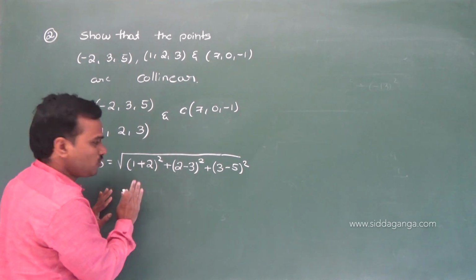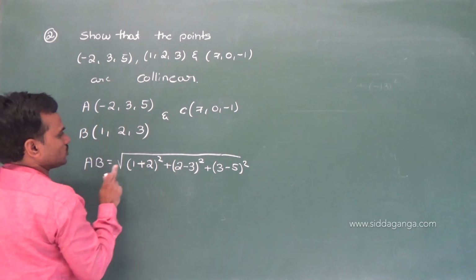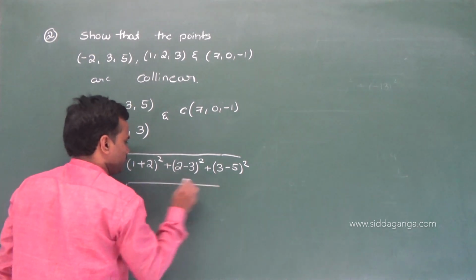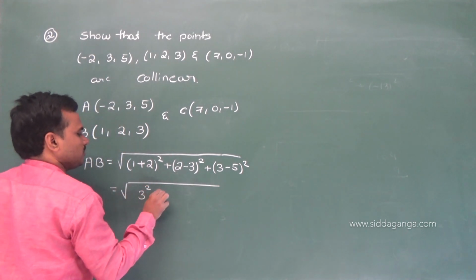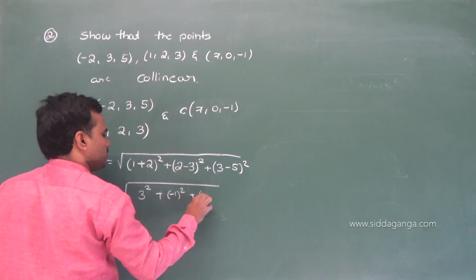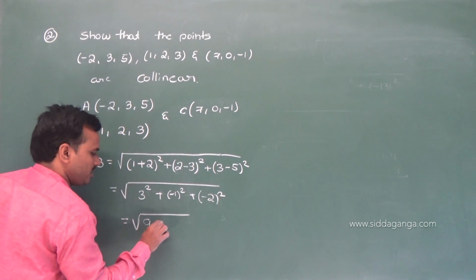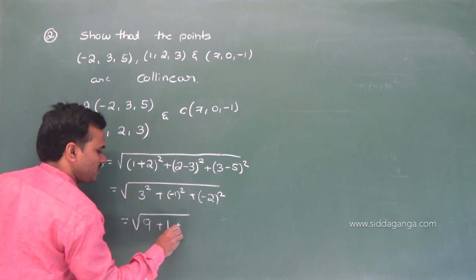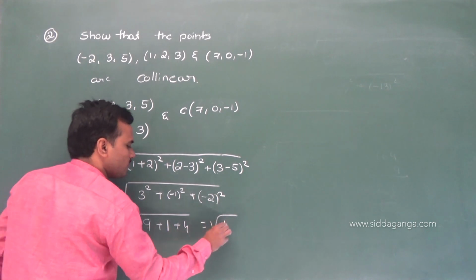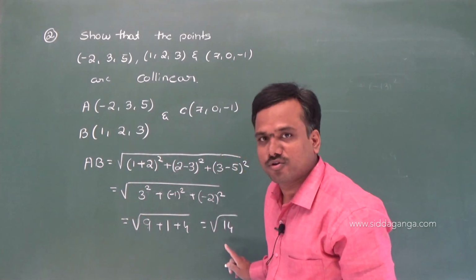That is square root of 3 square plus minus 1 square plus minus 2 square. 3 square is 9, plus 1 is 4 plus... 9 plus 4 is 13, 13 plus 1 is 14. Distance from A to B is square root of 14.